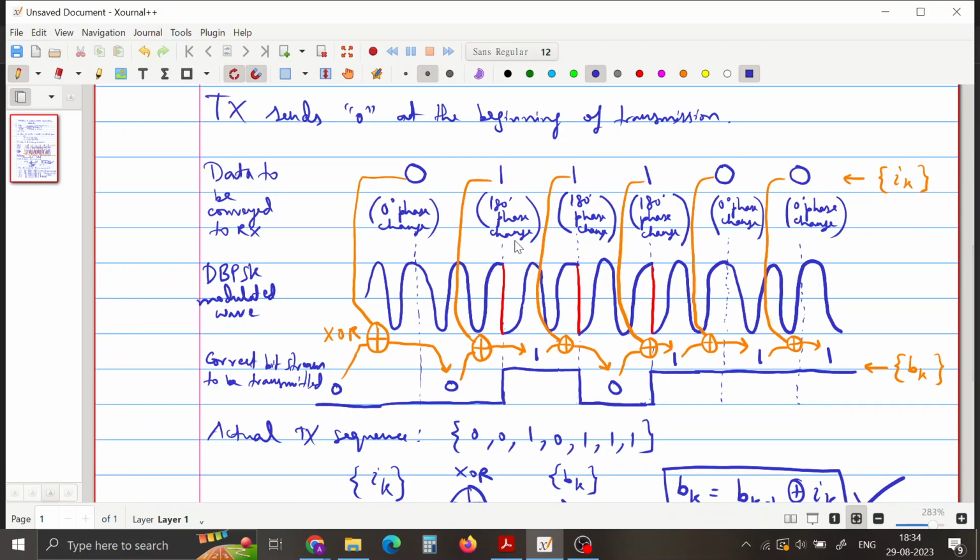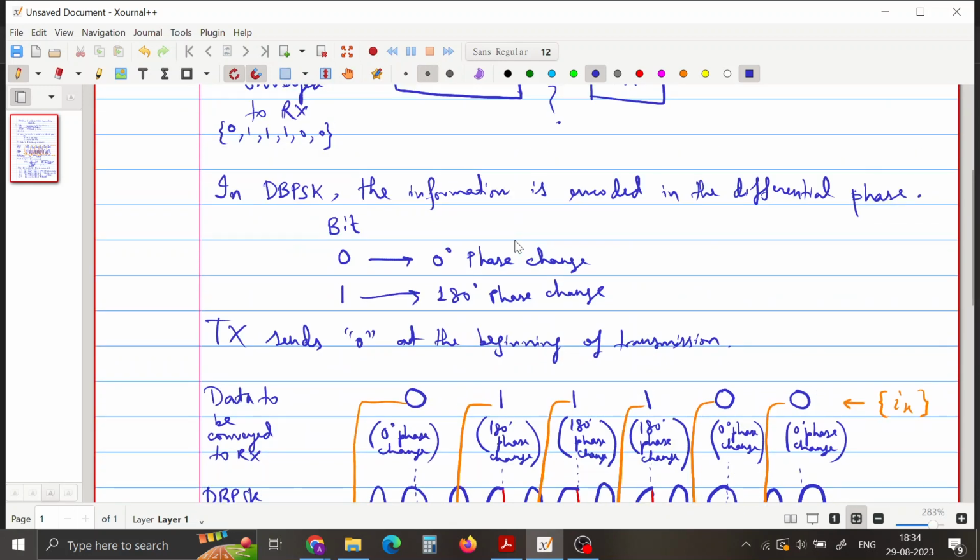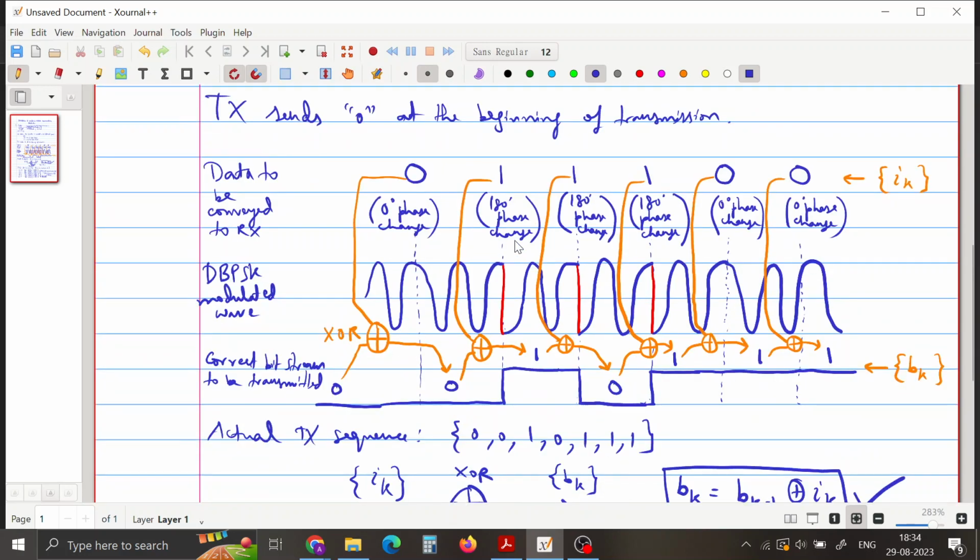It is correct. But one thing I want to know is why we have applied XOR here. Is it due to the sequence of phase change, or is there another logic?